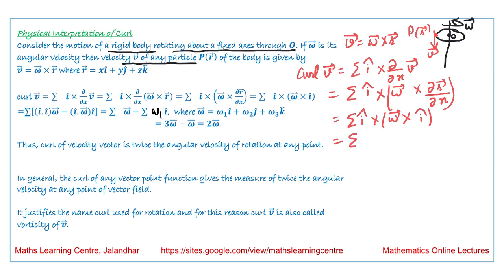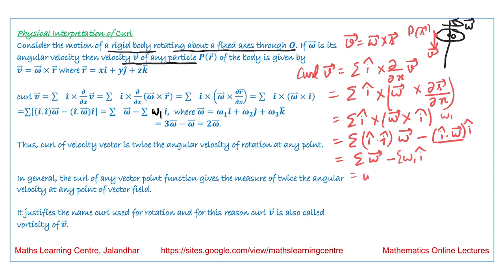So the value we are getting is sigma of (i cap dot i cap) into omega vector minus (i cap dot omega vector) into i cap. So the answer is sigma omega vector minus the value for this i dot omega, which is omega 1, so we get sigma omega 1 i cap.